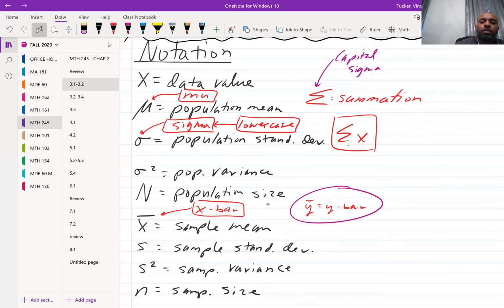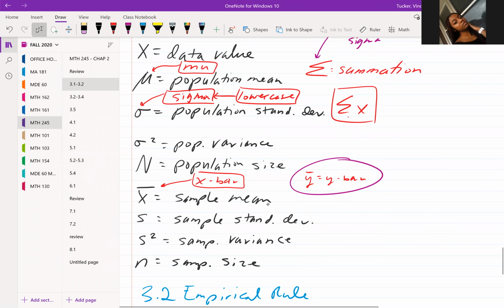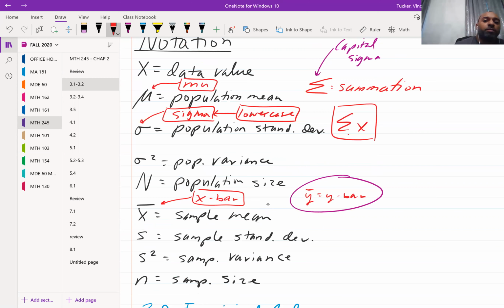Do you have M N over the population mean? No, that's mu. Oh, okay. Greek letter mu. Just in case that's too small, this is mu. This is sigma.